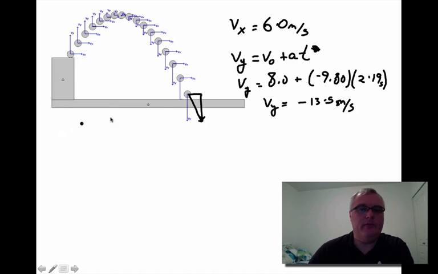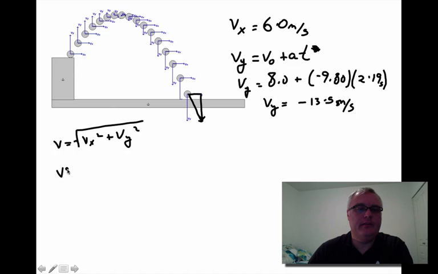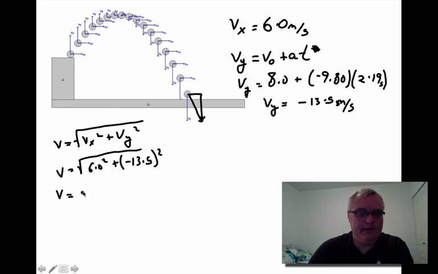And just like before, when I'm trying to find this velocity vector here, I take the square root of Vx squared plus Vy squared. So my x component is still 6, and my y component is the negative 13.5. And that leaves me with a final velocity of 14.7 meters per second.